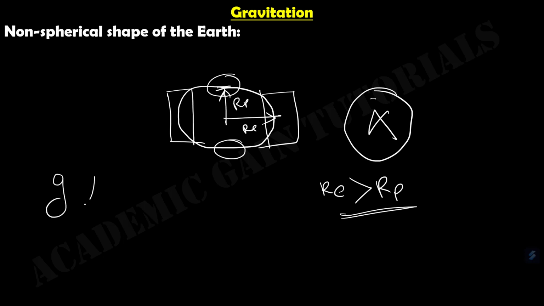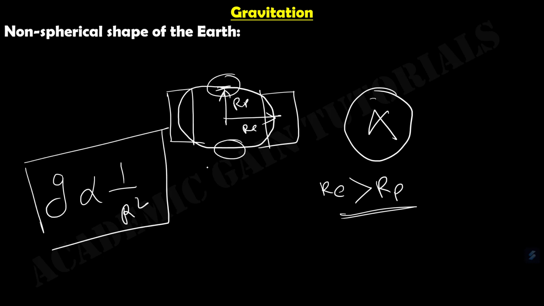So the value of g at the poles is greater than the value of g at the equator. At the polar section g will be higher, and at the equatorial section g will be lower. This is the impact of the non-spherical shape of the earth on the gravitational acceleration.